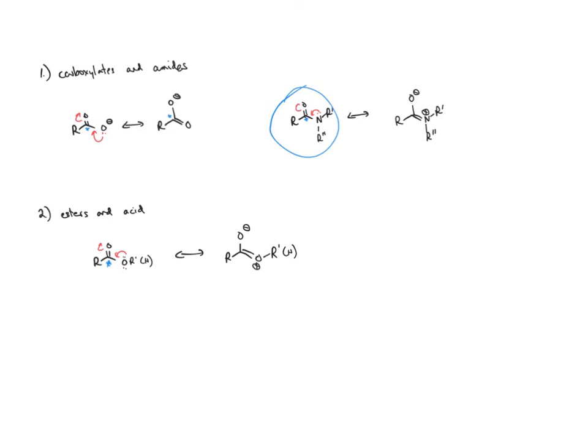All right, let's think about the anhydrides next. With the anhydrides, we have two carbonyls. And these two carbonyls can pull electron density away from the oxygen lone pairs.